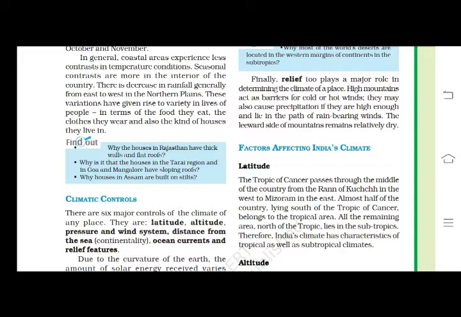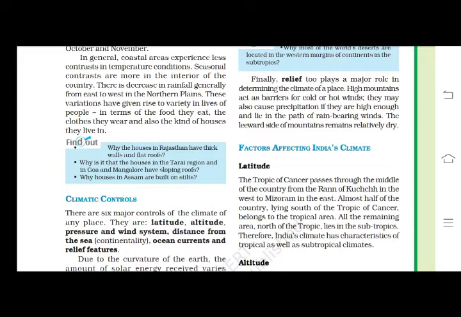Half of the country which is lying south of the Tropic of Cancer belongs to the tropical area, and the north part of the Tropic of Cancer is subtropical.